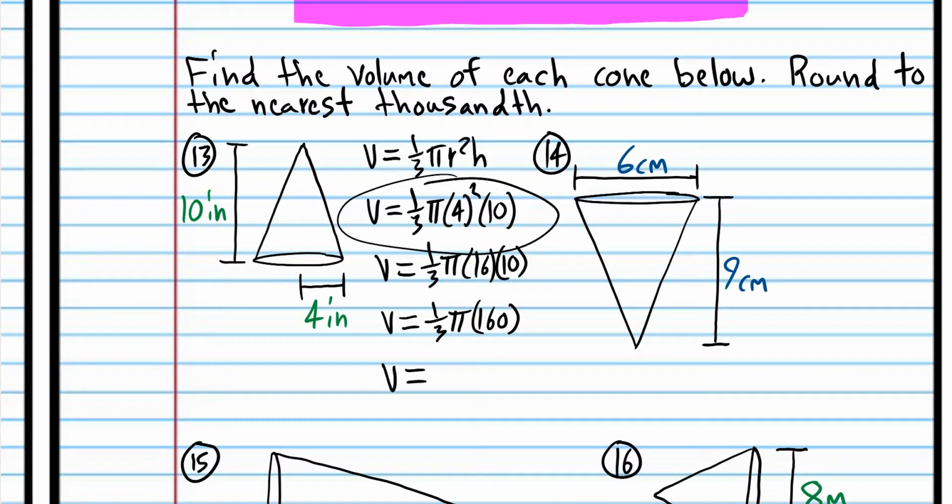You can just put it into your calculator if you really want to. I'm just programmed to simplify that stuff, but 160 times pi equals, and then divided by 3 equals, and we're supposed to round off to the nearest thousandth, so 167.552 cubic inches.